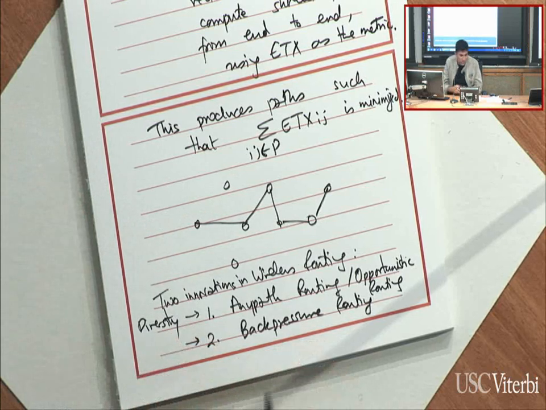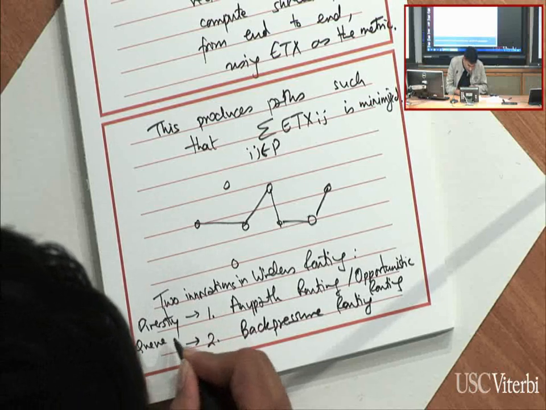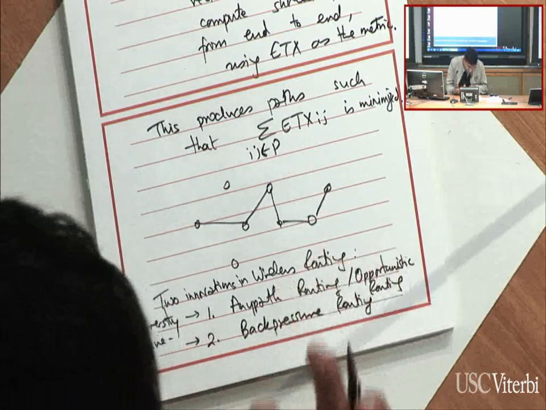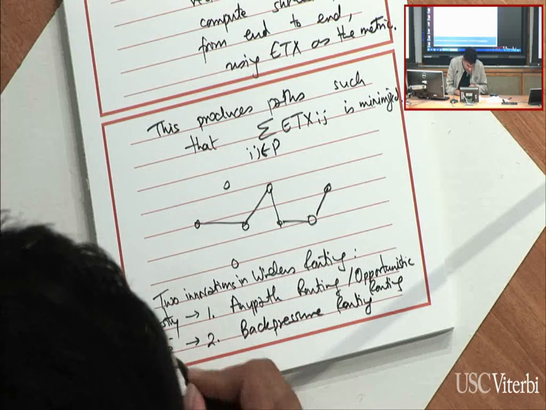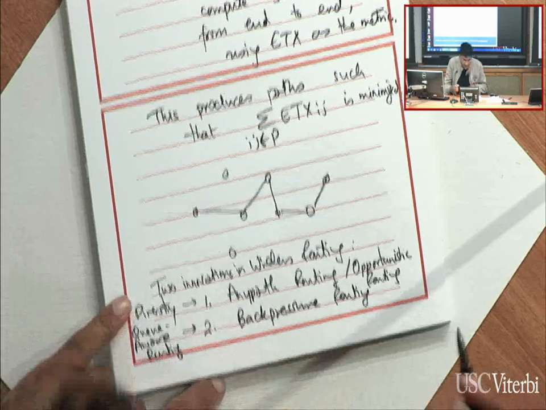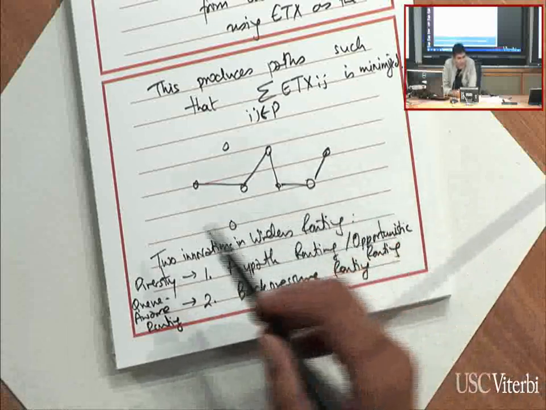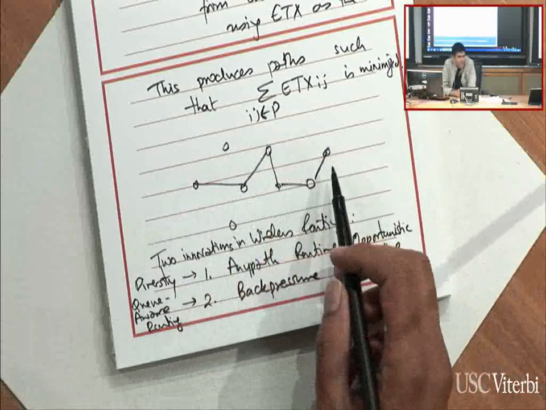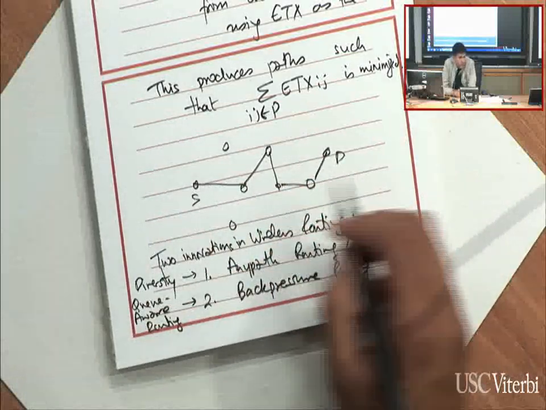And so back pressure routing is an approach that focuses on taking into account what the queue state is in deciding how packets should travel. And this is sometimes referred to as queue-aware routing. And both of these innovations kind of make routing a little bit more dynamic than identifying a fixed set of routes for a pair of source and destination nodes in the network that we don't change at all.